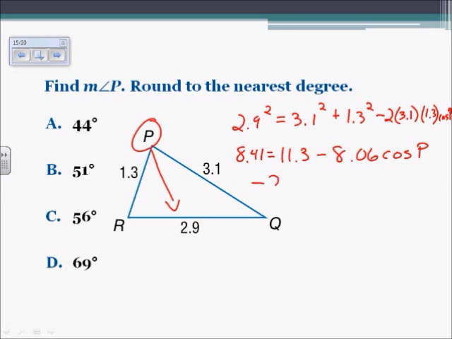I'll end up with negative 2.89 is equal to a negative 8.06 cosine of P. Divide both sides then by negative 8.06.